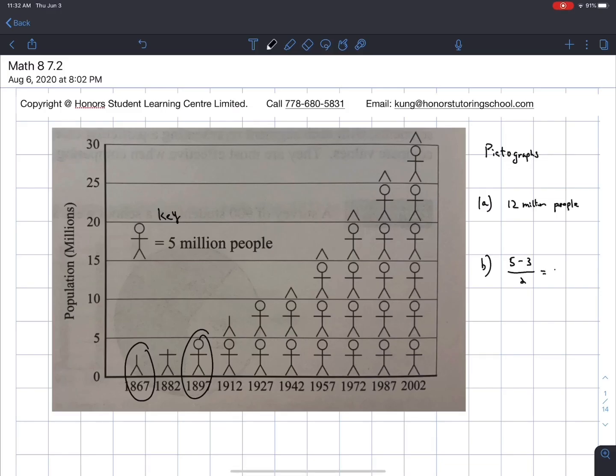So that looks like it's 1 million per year. That's the average growth.